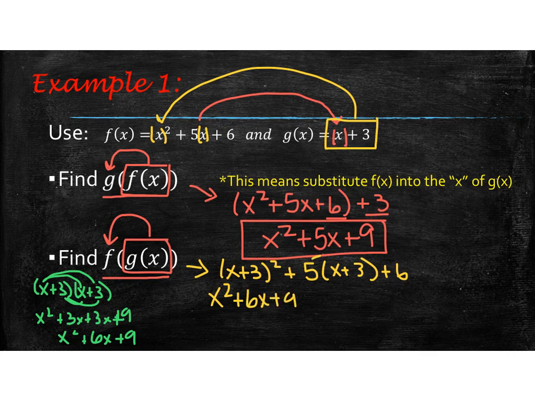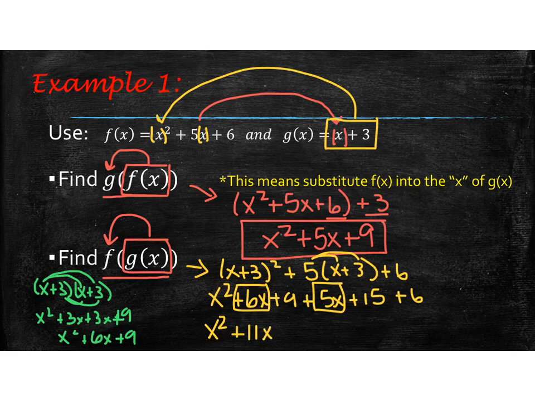Now let's go ahead and do the next part. So let's distribute the 5. So that'd be 5x plus 15. And then we have the plus 6. So go ahead and look for like terms. We only have x squared. For our linear terms, we have 6x, 5x, and that's it. So that would be 11x.